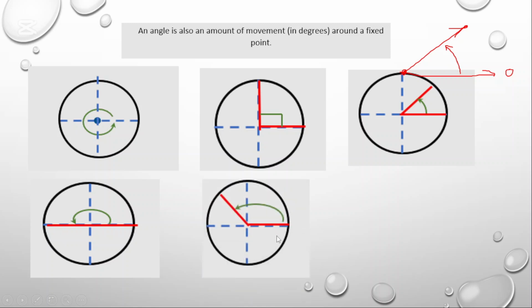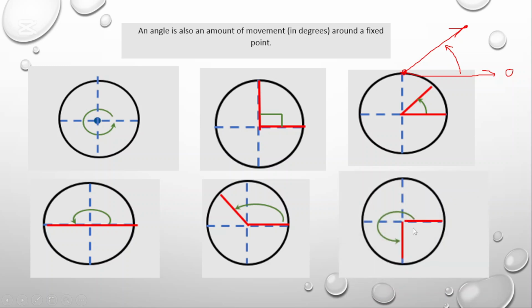In this case, the movement went past the 90 degrees, but it did not go past the 180. So in this case, we talk about an angle that is more than 90, but less than 180. So the movement was from north past 90, but it did not go past 180.